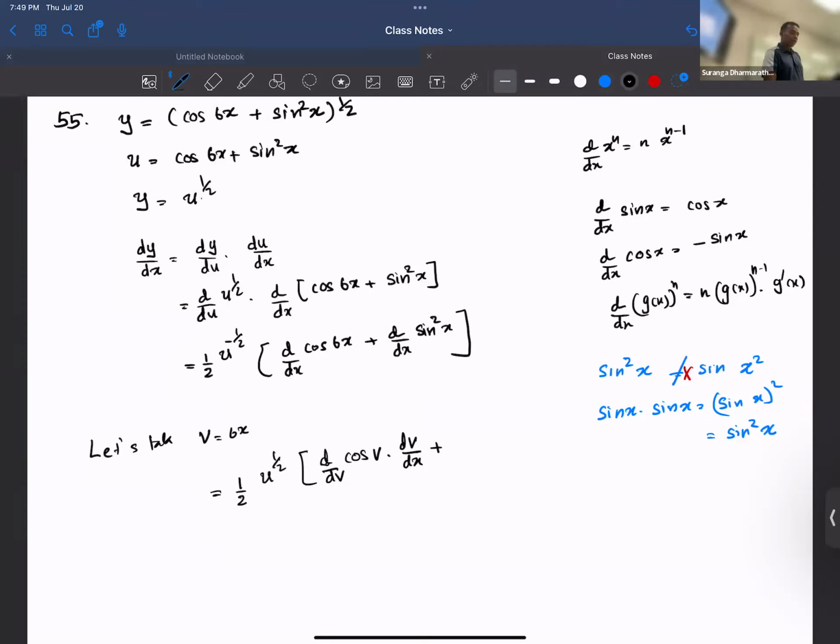So you have sine squared x here, right? If I take my g of x as sine x, this is g of x squared, right? Let's take g of x is equal to sine x. Is that complicated? Now what do you have? d over dx g of x to the power square.